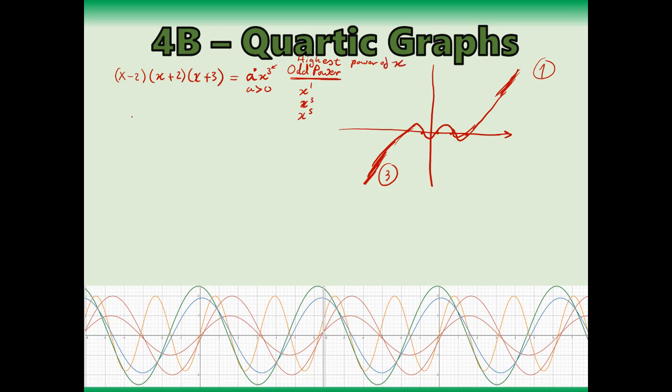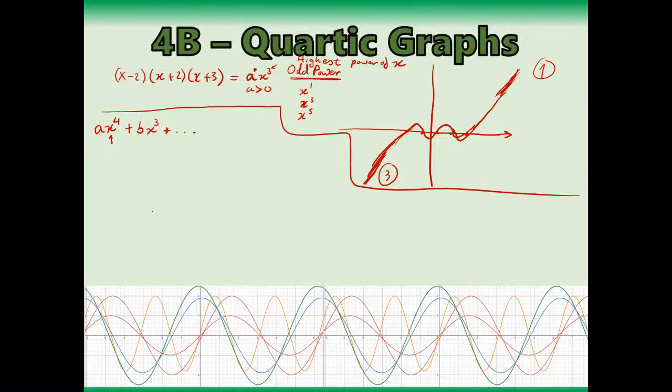Now we're coming to discuss quartic graphs, where the highest power of x is 4. When you have a highest power of 4, it's not important what the smaller powers of x are, whether they exist or not. If it's like so, you can have up to four roots.